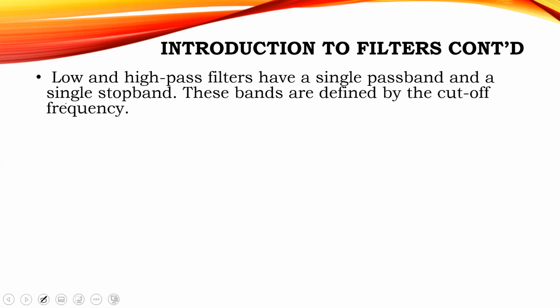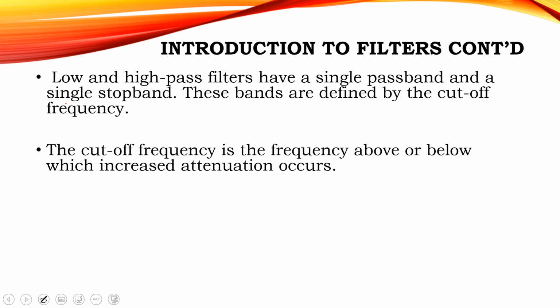Right? And the cutoff frequency is that particular frequency value above which or below which the attenuation is high. So the area with increased attenuation represents the stop band, but the cutoff frequency separates the level of attenuation being considered.